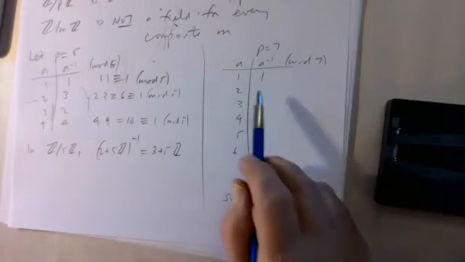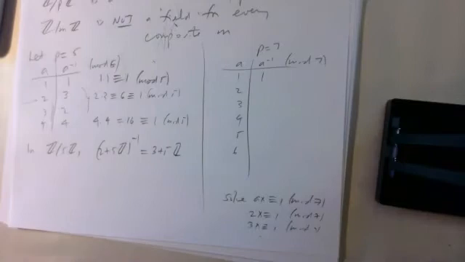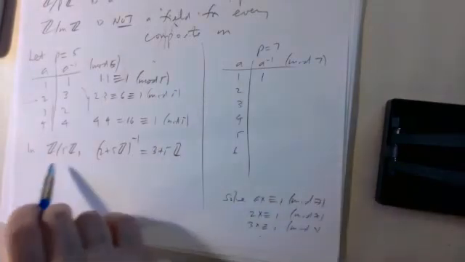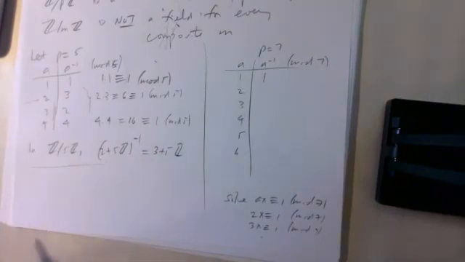So for example, what's the inverse of 2 mod 7? What do you multiply 2 by to get something congruent to 1 mod 7? Three? Well, 2 times 3 is 6. And is 6 minus 1 divisible by 7? No, so it can't be 3.